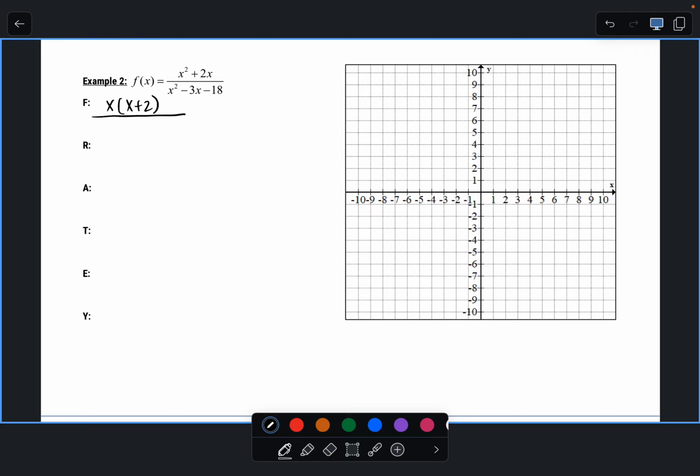Denominator: what multiplies to be negative 18 and adds to be negative 3? Negative 6. Positive 3. That is how fast you should be factoring, if not faster.